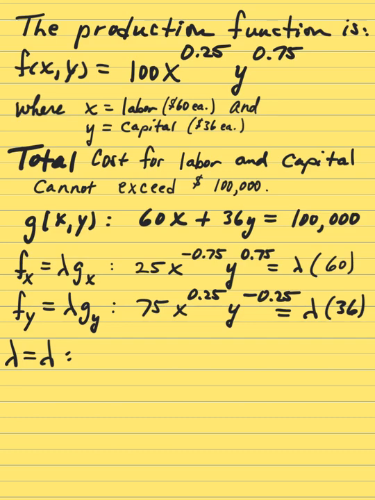Okay, the f sub x line right here, if we divide both sides by 60, that's going to give us 5/12. 25 divided by 60 reduced is 5/12.